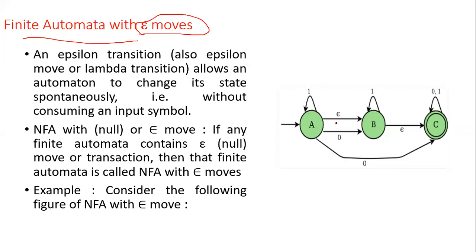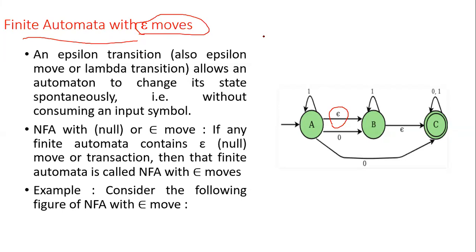Here, please see this diagram. Without reading the input, the particular transition is transferred from state A to state B. This is the finite automata with epsilon moves. It occurs in NFA only, NFA with epsilon. So we can construct DFA, NFA, and NFA with epsilon.